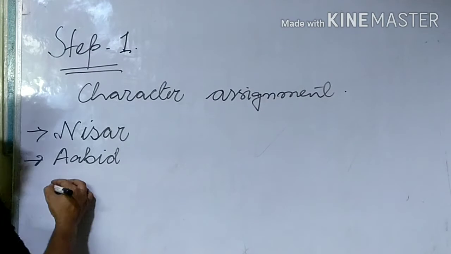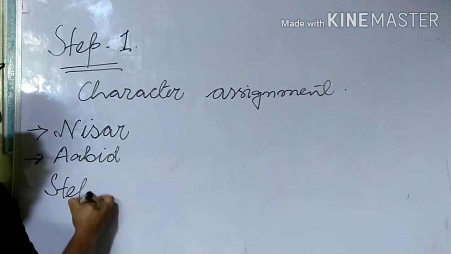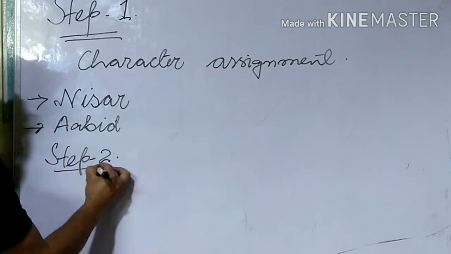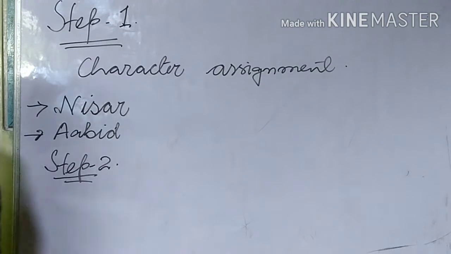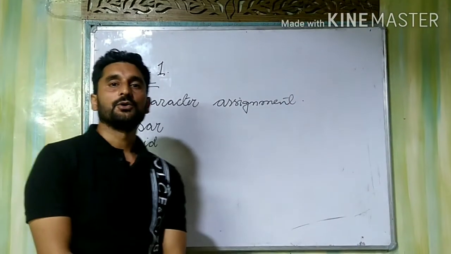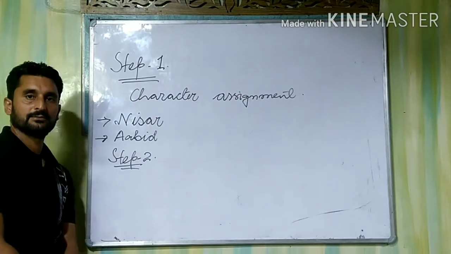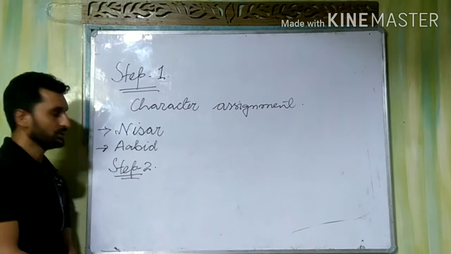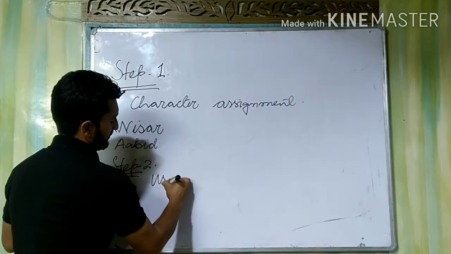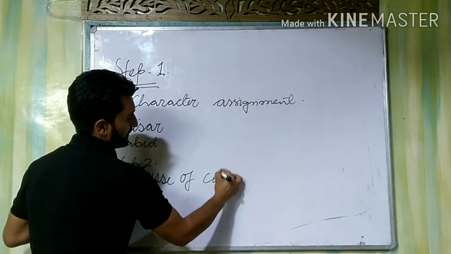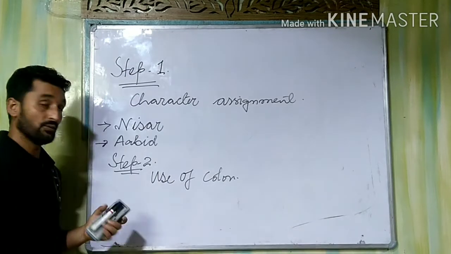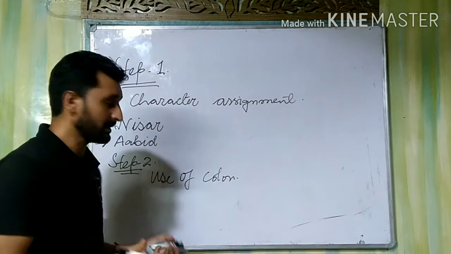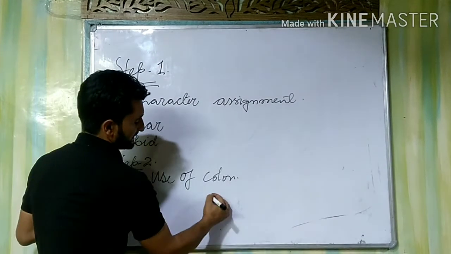In the second step, step two, we have to put a colon after each character. Use of colon. And what's a colon? It's a punctuation mark which is like this.